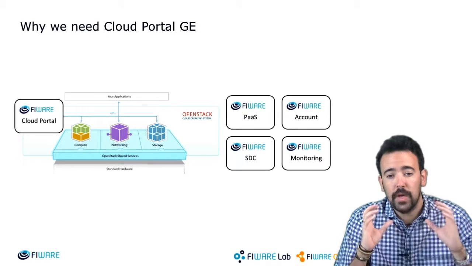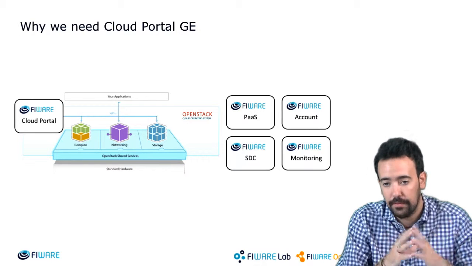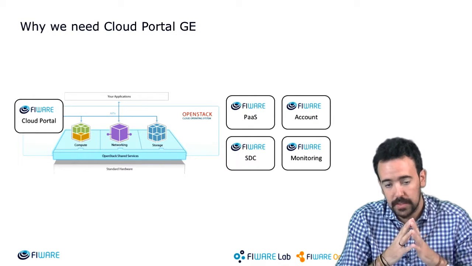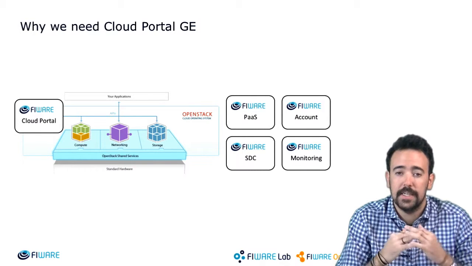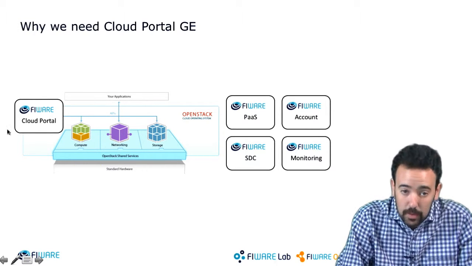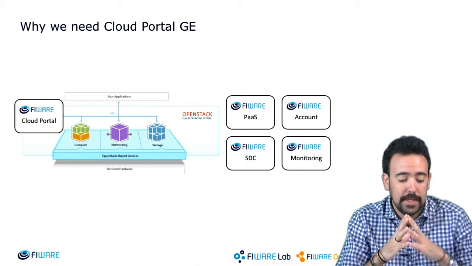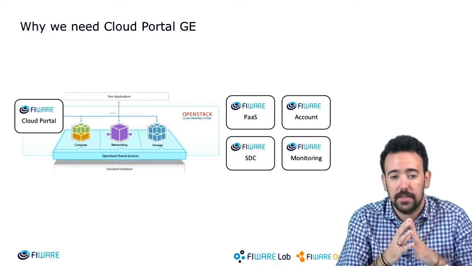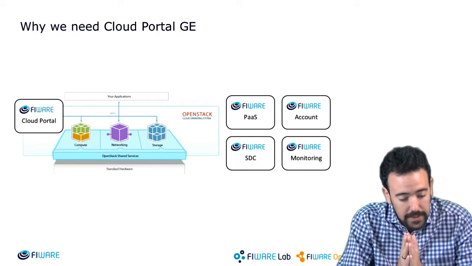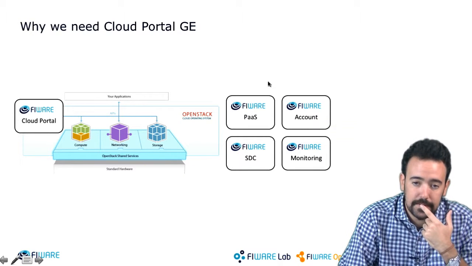So, as we are providing additional components that OpenStack does not provide by default, we need another user interface in order to allow the users and the developers access to these new resources. So, Cloud Portal is a graphical user interface that allows you to manage all the resources that OpenStack offers by default, and also a set of services that we are providing in FIWARE.